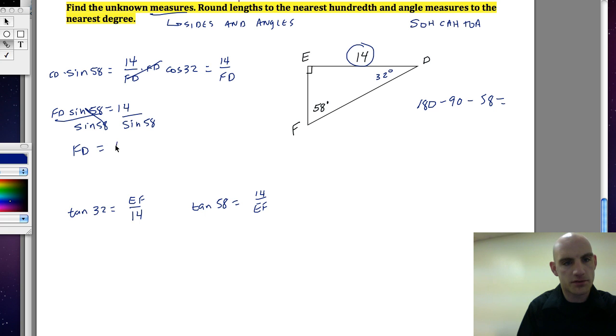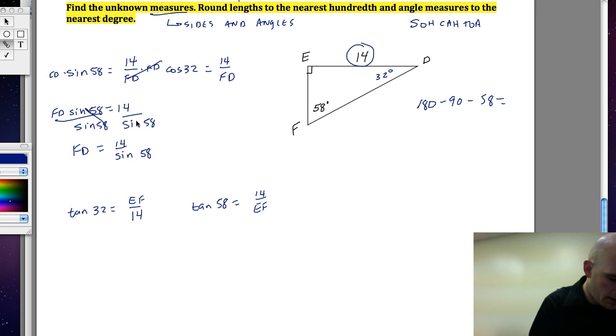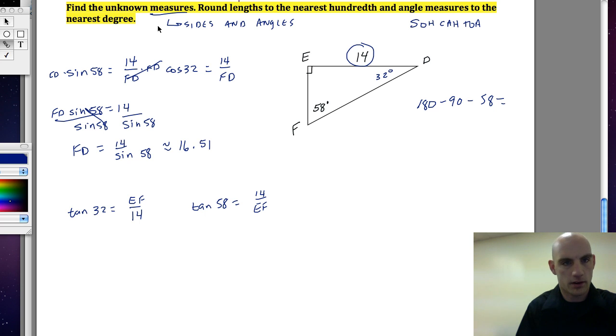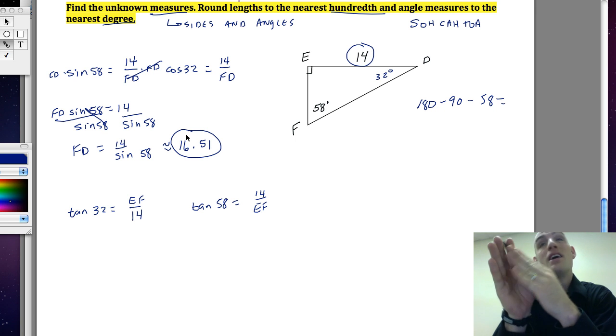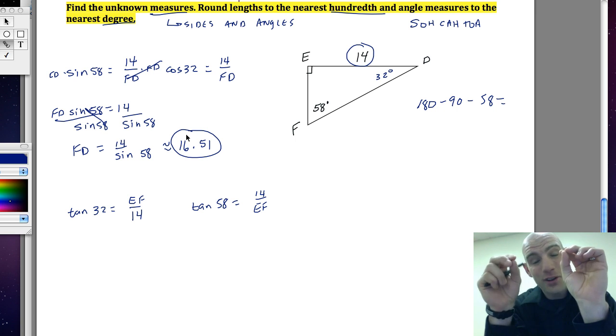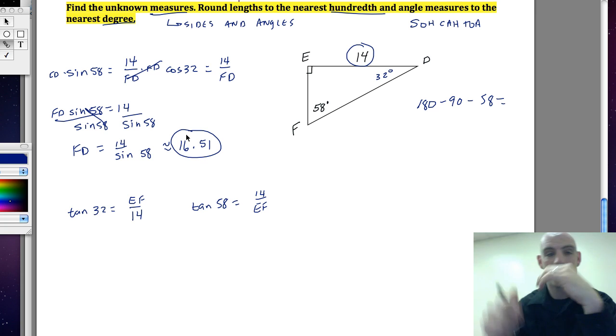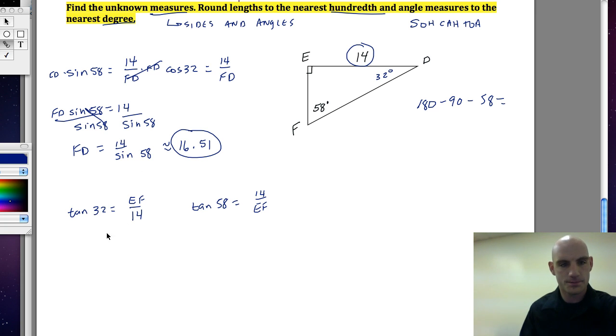So FD equals 14 divided by sine of 58. 14 divided by sine 58 is about equal to 16.51, because I'm rounding the angles to the nearest degree and sides to the nearest hundredth. You might be tempted to use Pythagorean Theorem here, but remember, we're using a rounded value, so you don't necessarily want to do that. I'm going to solve one of these other ones for EF.